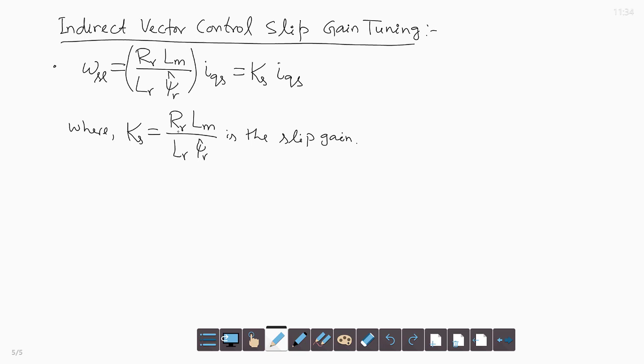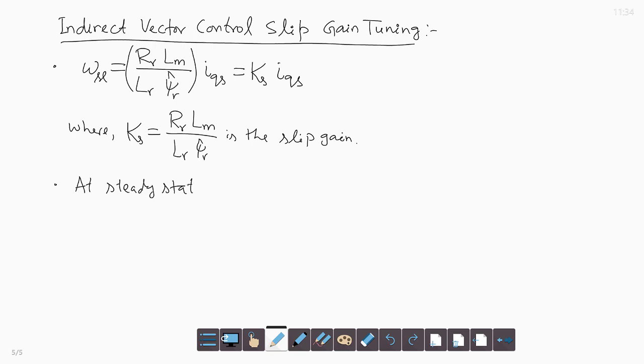This is called the detuning of parameters. So, the parameter detuning problem is a serious disadvantage of indirect vector control. This problem is similar to direct vector control at low speeds. So, proper care has to be taken to overcome the issue of parameter detuning in the vector control scheme.